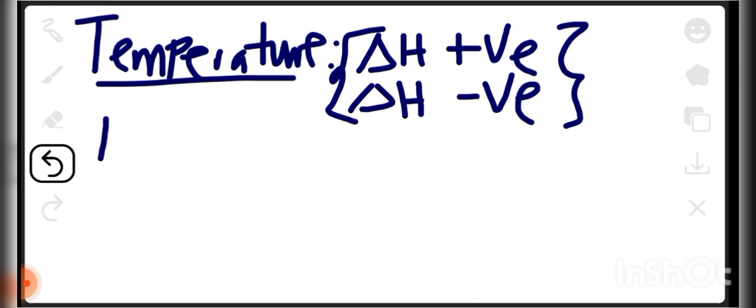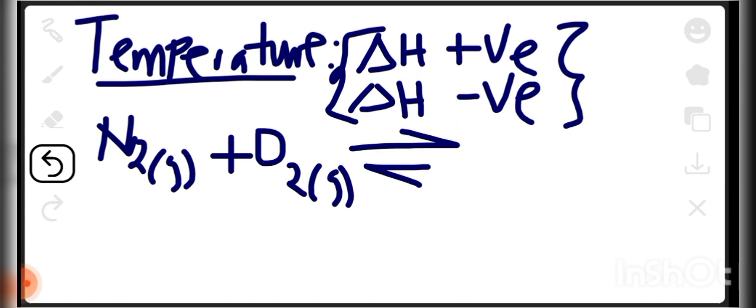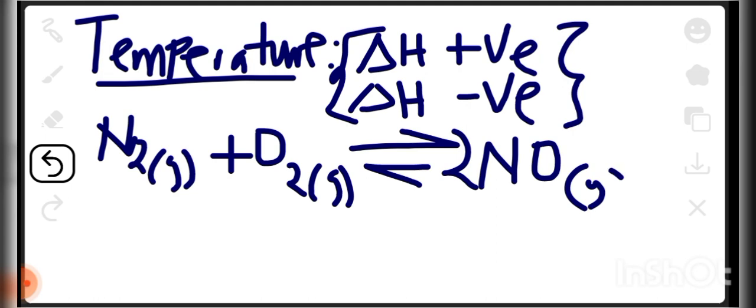If we react nitrogen gas and oxygen gas to form nitrogen monoxide, 2NO, which is still in the gaseous state. And for this reaction, let's say delta H is positive.